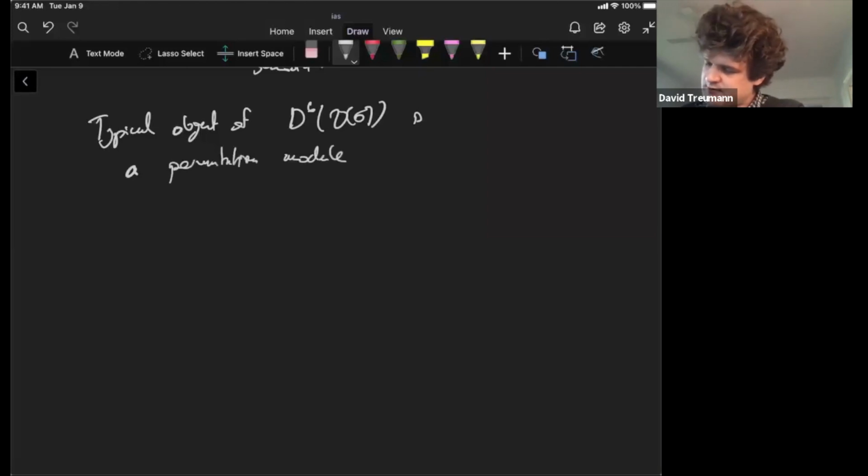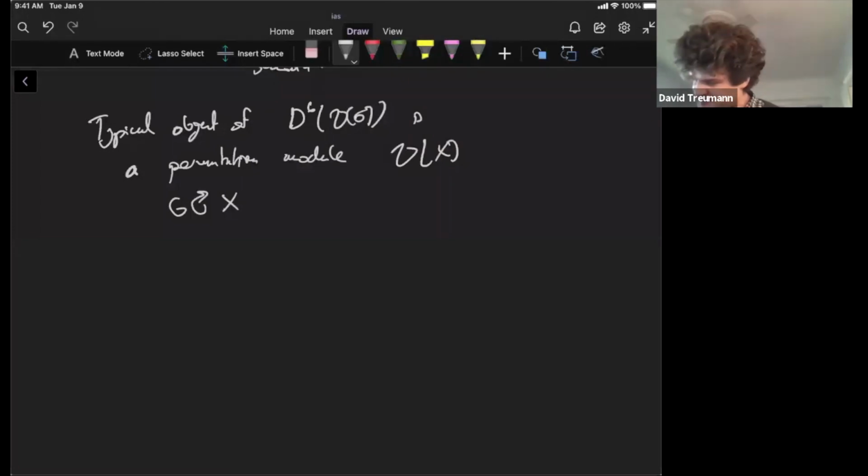If you have a finite set with an action of the finite group, you can look at the free module spanned by that finite set, and that has an action of the group. And this has a matching object in this other triangulated category.